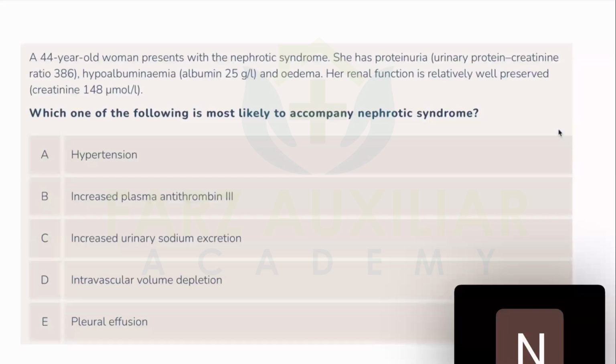This is a more pathophysiology based question. Use your time and take it. So, a tricky question.